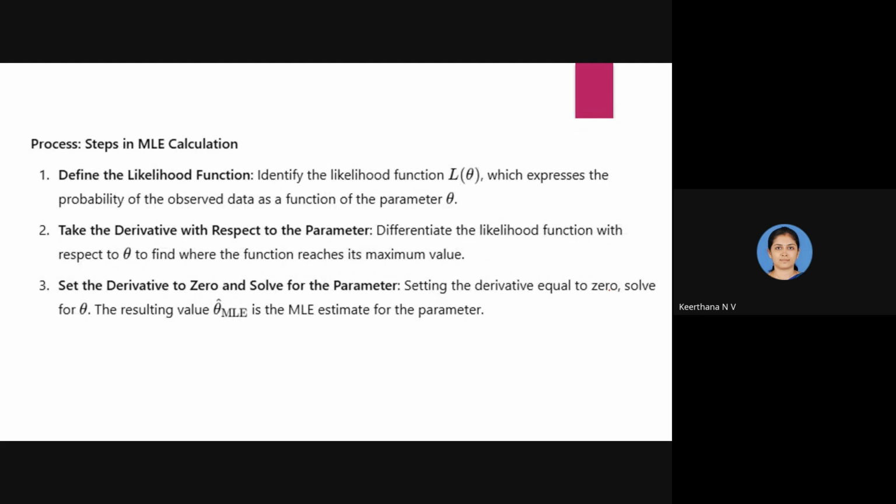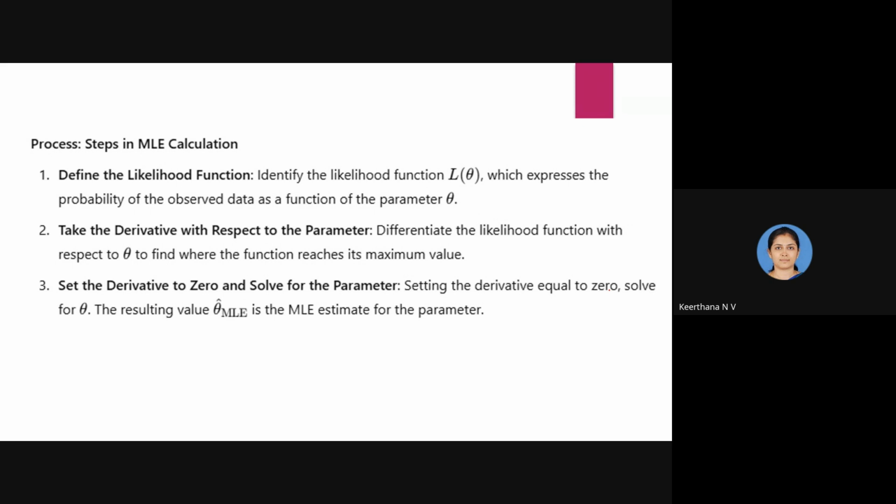So what are the steps in MLE calculation? The first step is to define the likelihood function. Defining a likelihood function is purely based on the user's perspective. They can use the probability, that is the Bayesian or frequentist approach. The second step is to take the derivative with respect to the parameter.